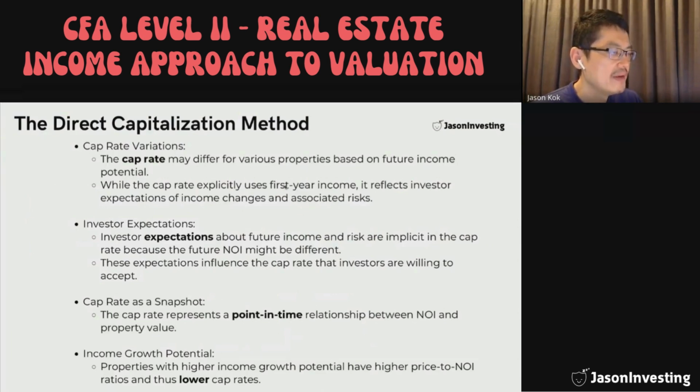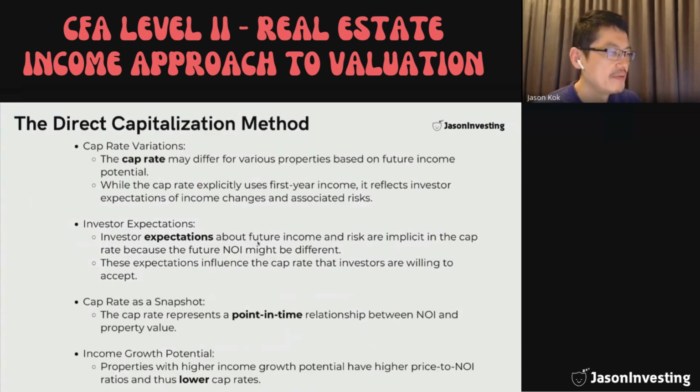So what this is saying is that even though we're using a constant NOI, the cap rate can imply the uncertainty of the NOI. Because you're using one constant value of NOI, you can incorporate that you're uncertain of the NOI in the future by increasing the cap rate.